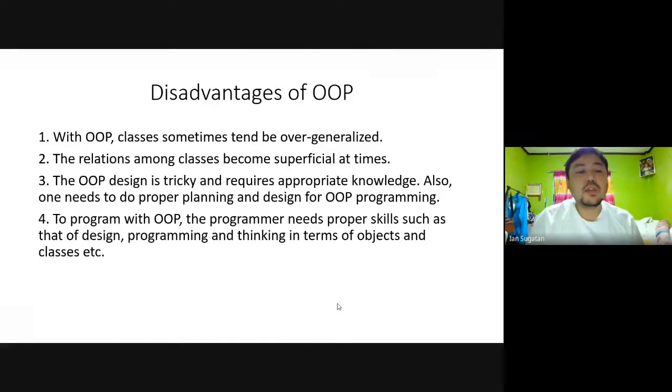Number two, the relations among classes become superficial at times. Superficial in terms of conditional statements being run that are not logical within the program. So to do away with this, please evaluate the code if ever you come across this.